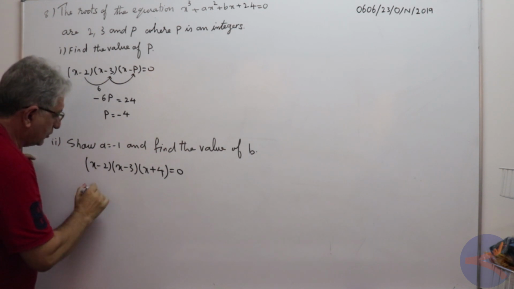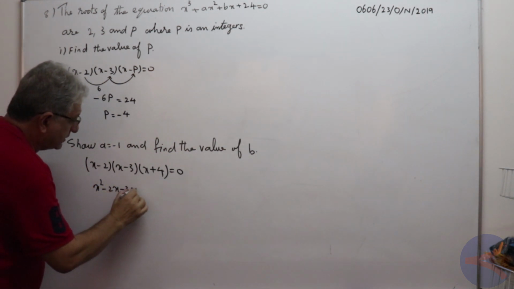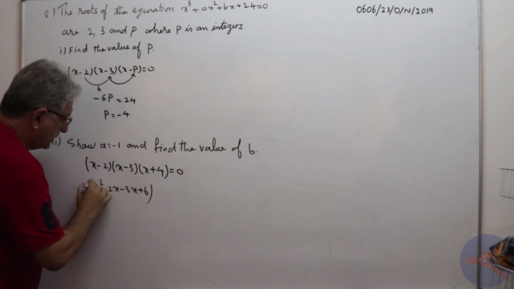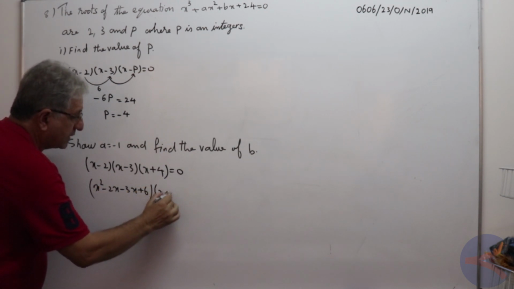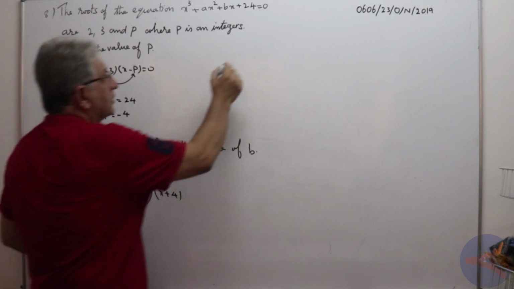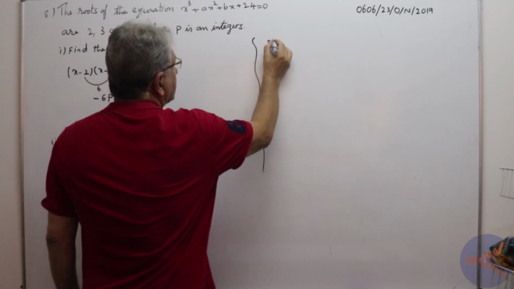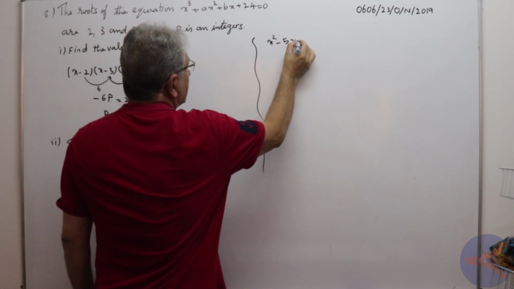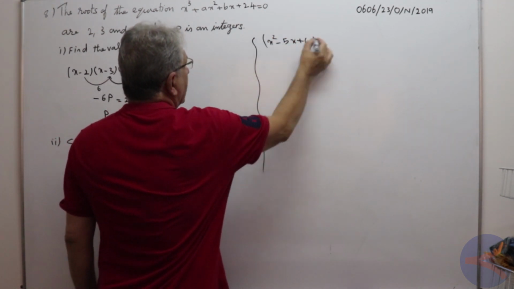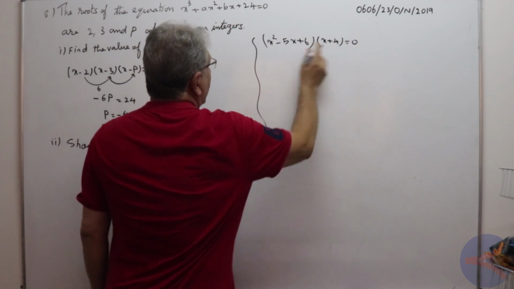If I expand this, I'm going to get (x squared minus 2x minus 3x plus 6) times (x plus 4). These are similar terms, so I can add them up: (x squared minus 5x plus 6) times (x plus 4), equal to 0. Now I will expand this.